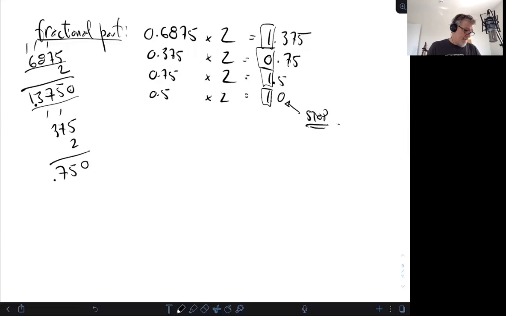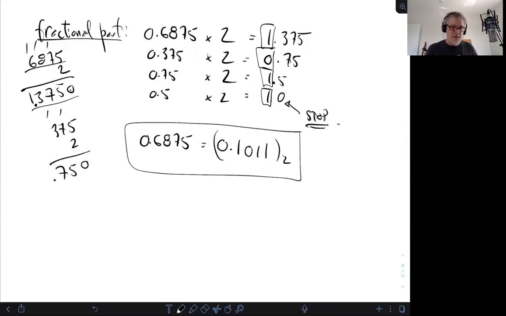And so my binary expansion of 0.6875. How do I read it? I remember that the first bit that I get is the closest to the binary point: 0.1011 in binary. So I've done the integer part, I've done the fractional part, and I just put them together.